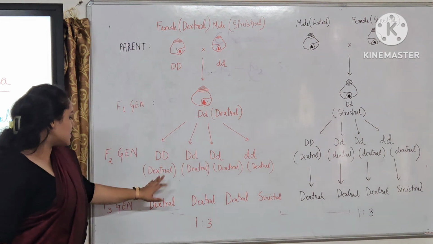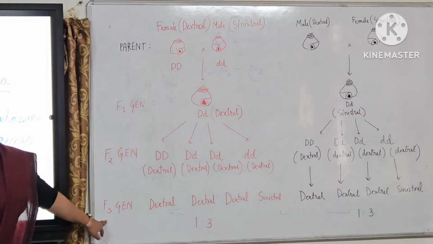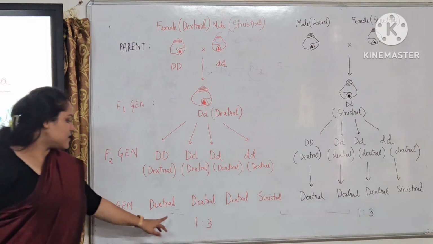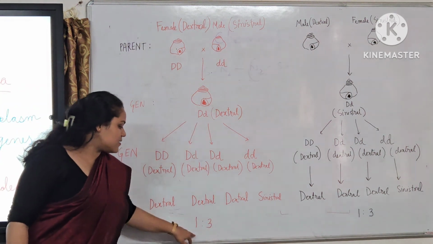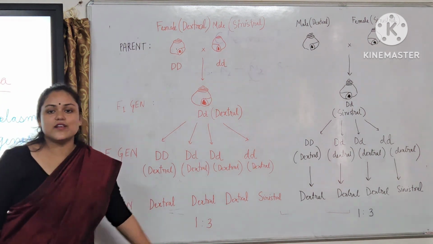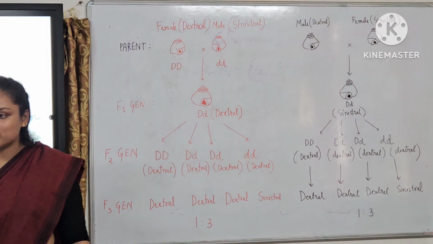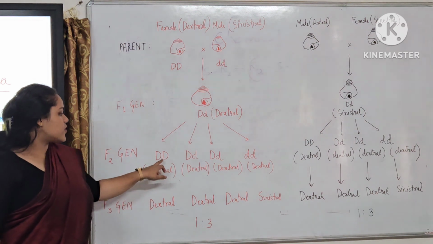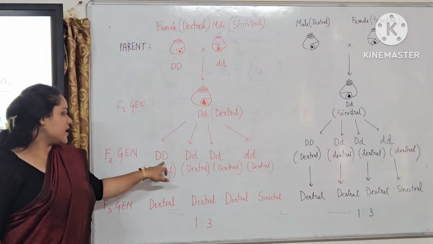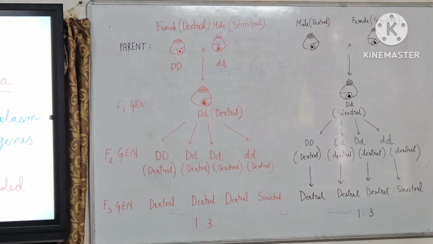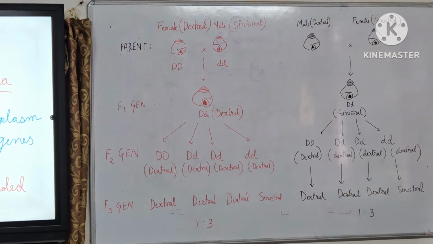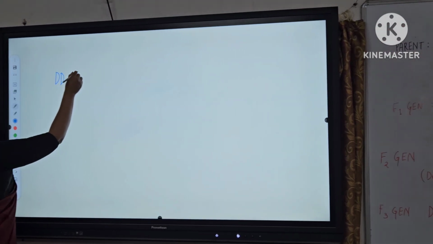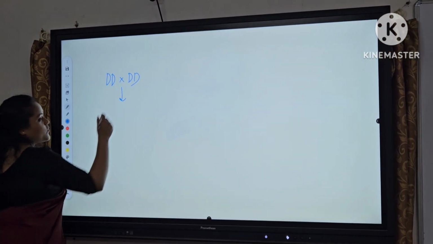Now if we come to the F3 generation, there is a difference. In the F3 generation, we see the 1:3 ratio, that is the Mendelian ratio. Why do we see that? In the F3 generation, we do crosses between these organisms. We do a cross between capital D and capital D. What will be the offspring?